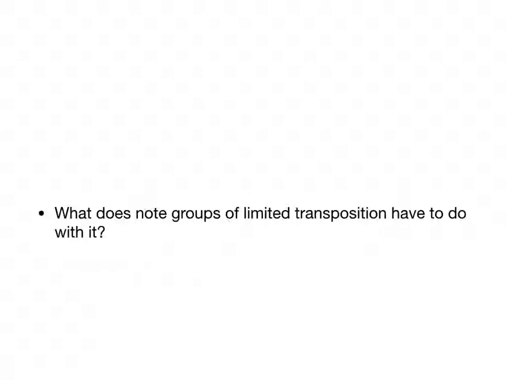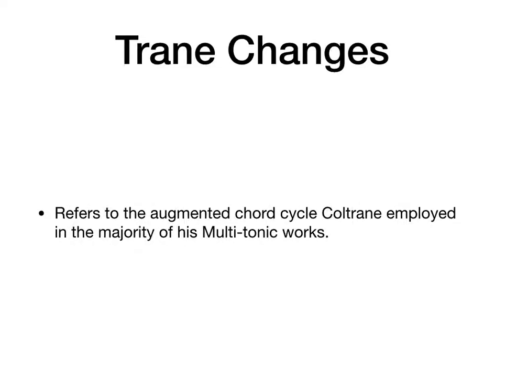Okay, so let's turn our attention to the most famous usage of this multi-tonic system, and it is what is commonly referred to as train changes. What they are is an octave divided into major thirds, so that will give you the augmented cycle.